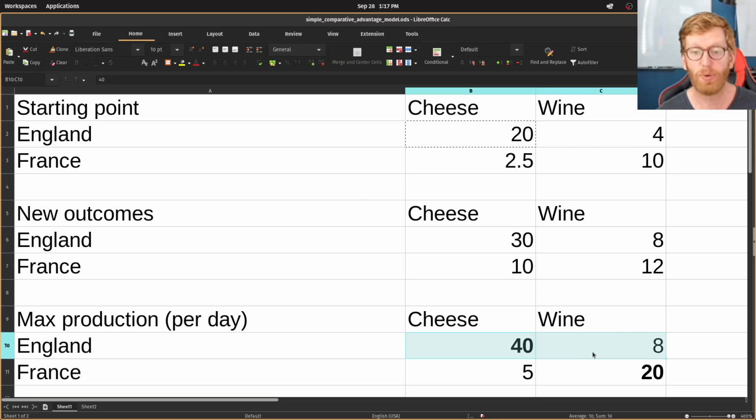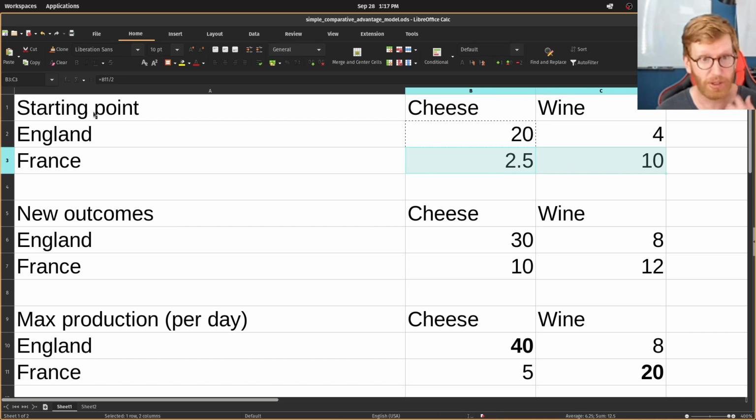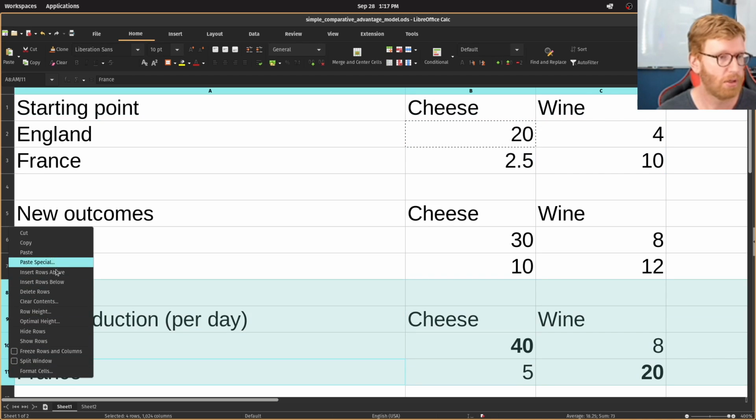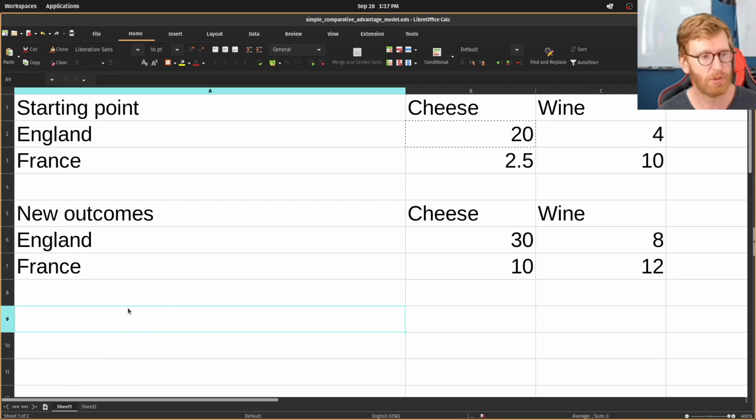And just half of what they could produce if they spent all their time producing cheese, plus half of what they could produce if they spent all their time making wine for each country. So our gains is just a matter of a little bit of subtraction.